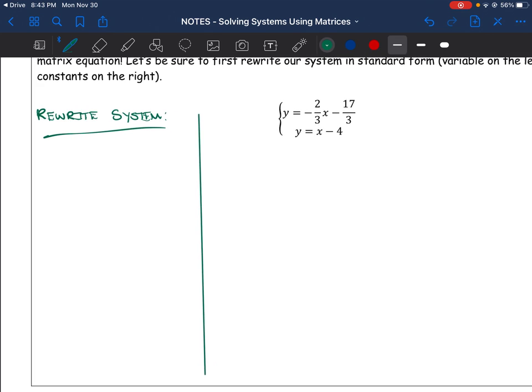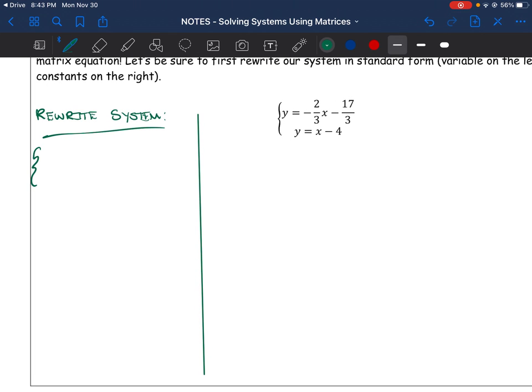All right, so the original system: y equals negative 2/3 x minus 17/3, and then y equals x minus 4. Well, we want our variables on the left side, we want our constants on the right side, and I also want to have the x's first and the y's second.